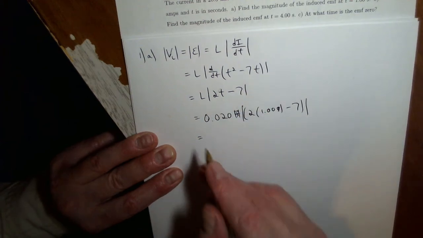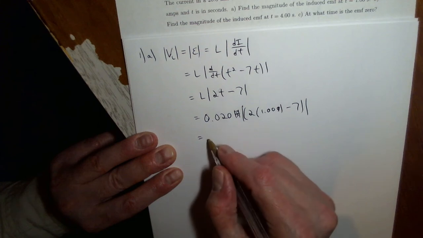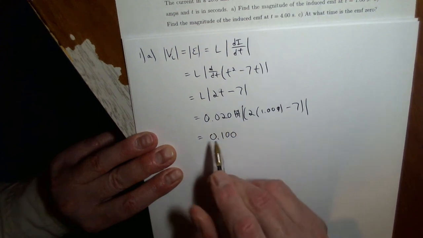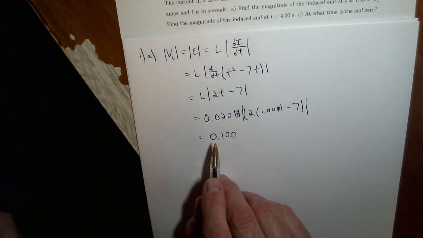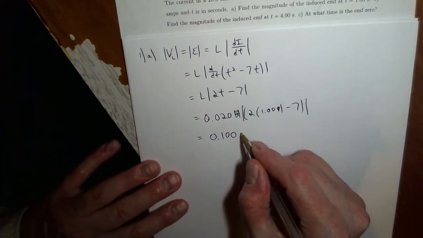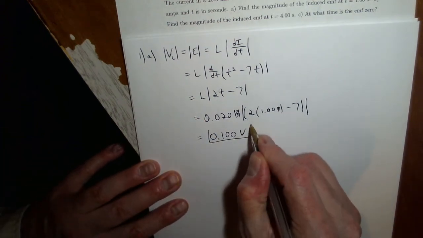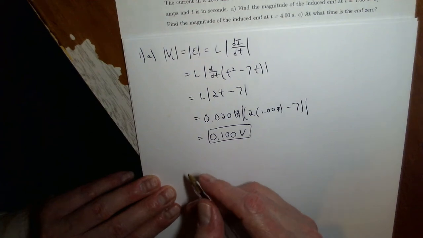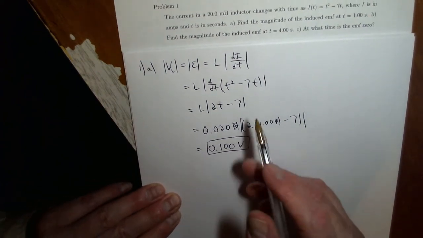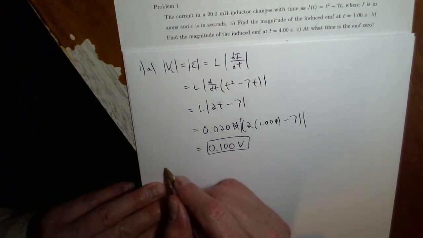So minus 5 times 0.02, absolute value is 0.1. And units, I'll let you think for a second. If you want to pause it, go ahead. Yeah, units are volts. It's a voltage. So that's part A.